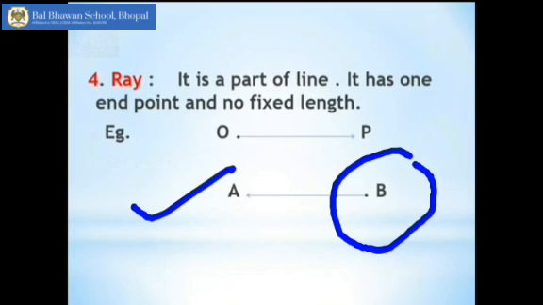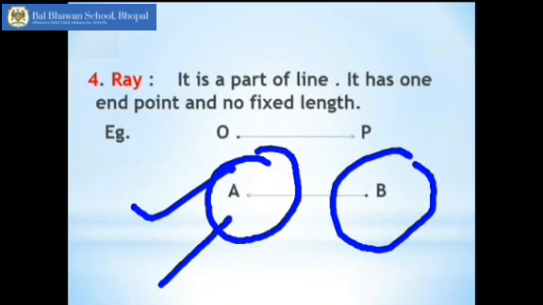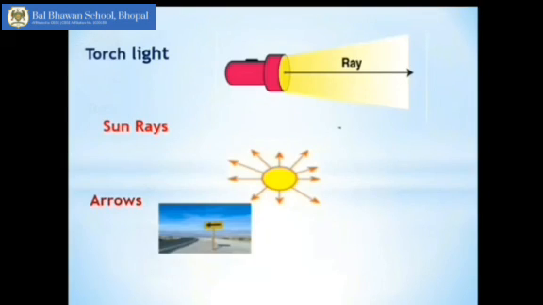That means it can be extended only in one direction. Children, can you see the arrow here? So it can be extended from here. And this is the starting point of ray BA. Let us see some examples of rays.